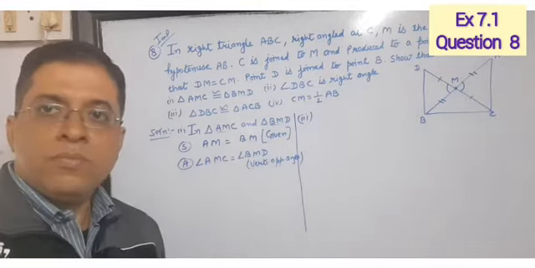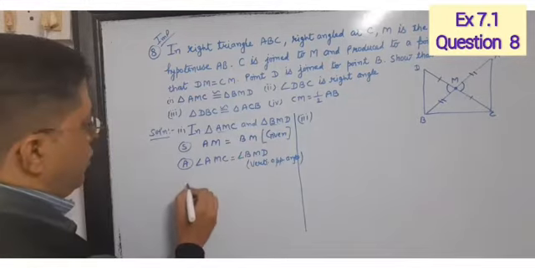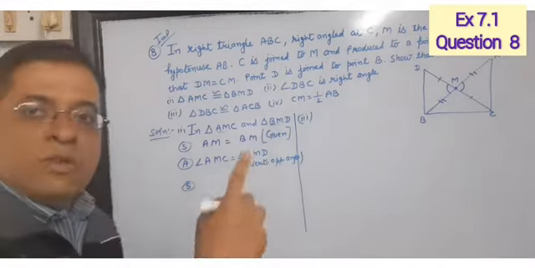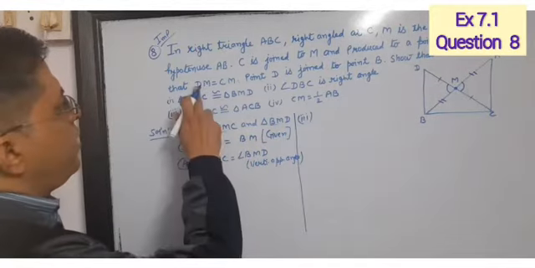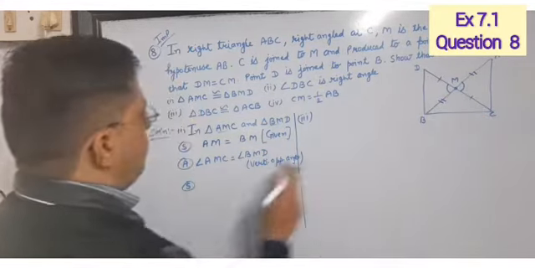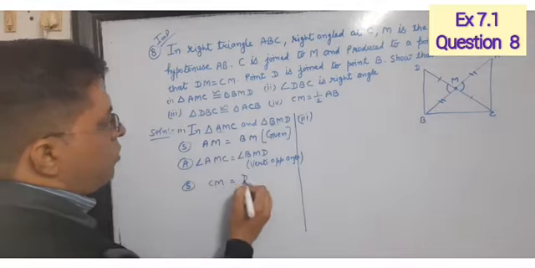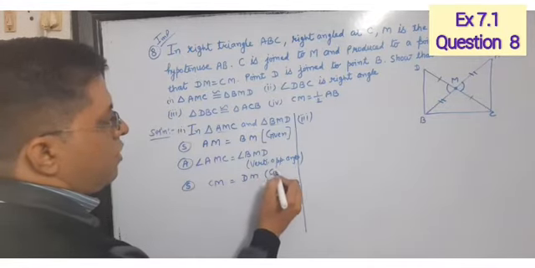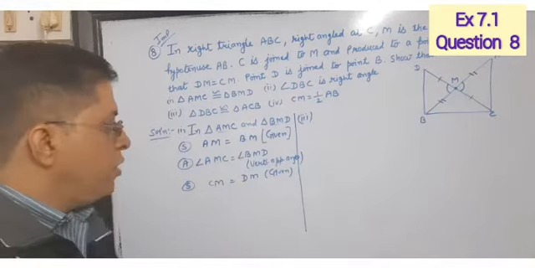Then what is the third one? One more thing I want, and the information is already given to you in the question. DM equals CM. This is CM, and this is DM. So I can write CM is equal to DM, and it is given in the question. Then what is the meaning?